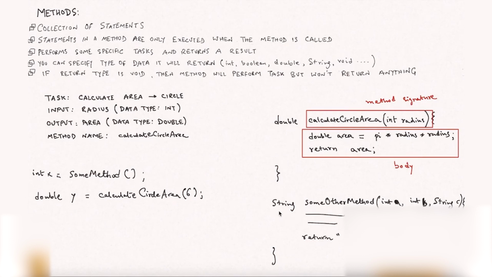Because it's a string return, you'll get some return string, right? So you see, methods can have one argument or one input, no inputs, or many inputs. And here in these statements, you will use these inputs to do some calculation, do whatever you need to do, and then return whatever you need to return, right? So this shows you that a method can have many inputs.